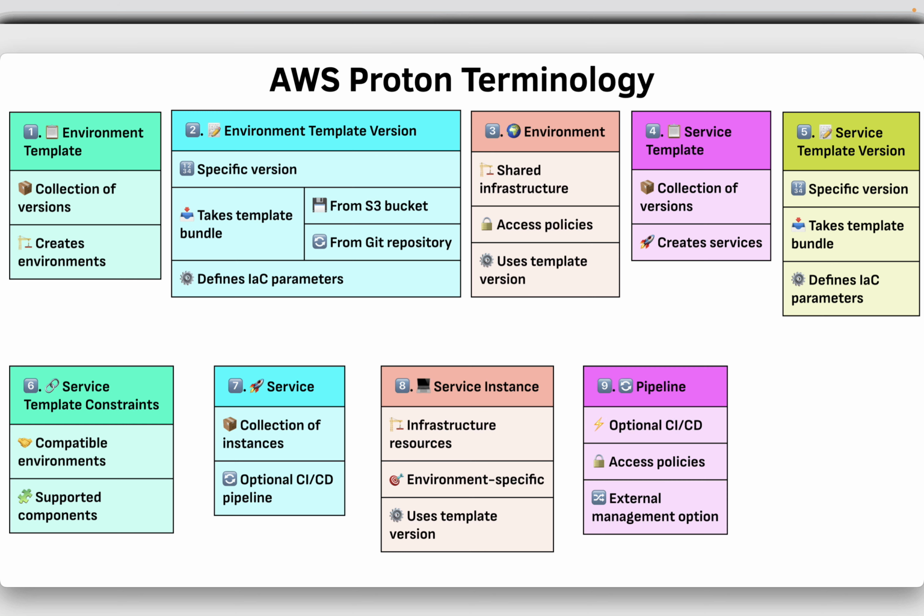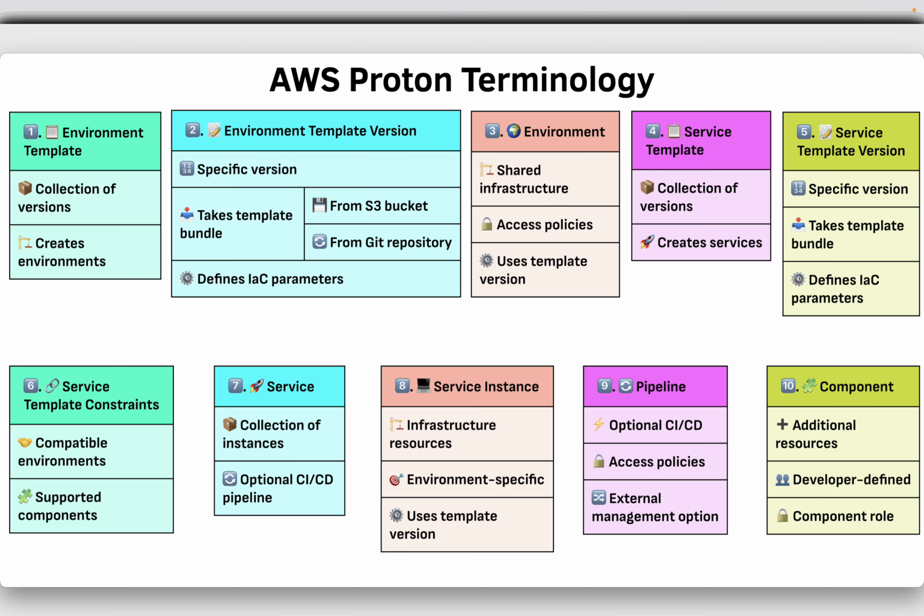Then we have a pipeline, which is an optional CI/CD pipeline that deploys an application into the instances of a service with access policies to provision this pipeline. Access policies are provided in a service role. A service does not always have an associated AWS Proton pipeline. You can choose to manage your app code deployments outside of AWS Proton.